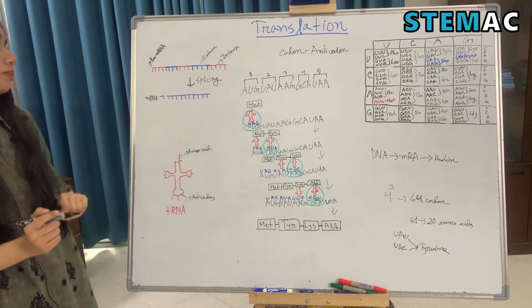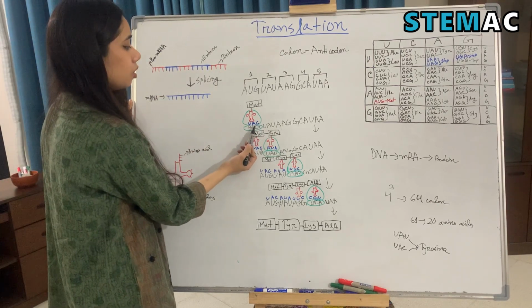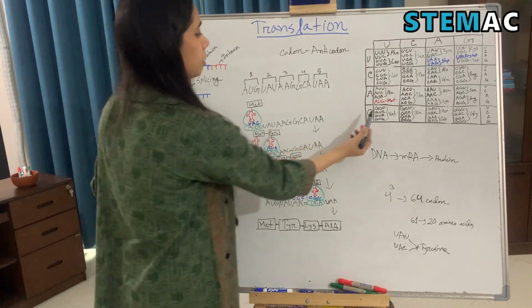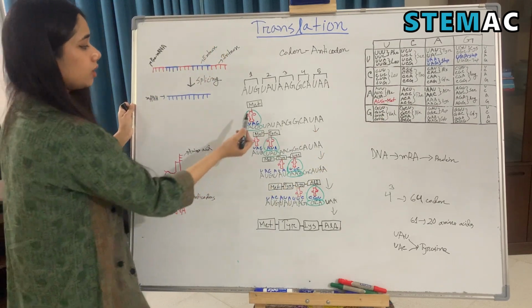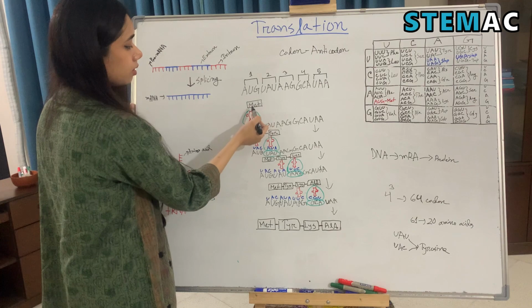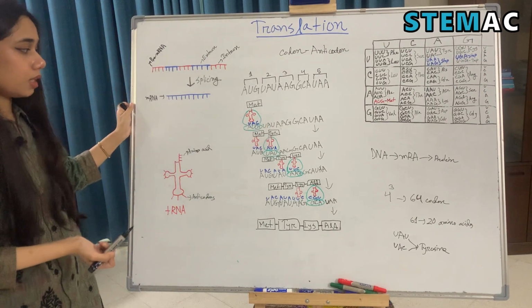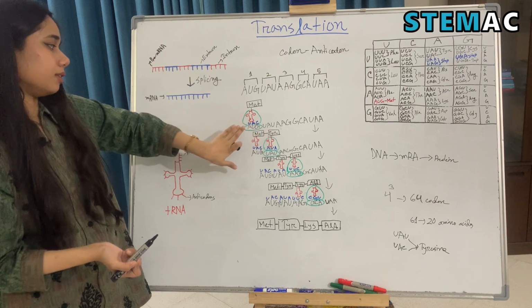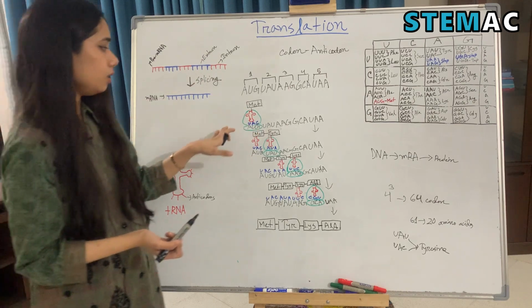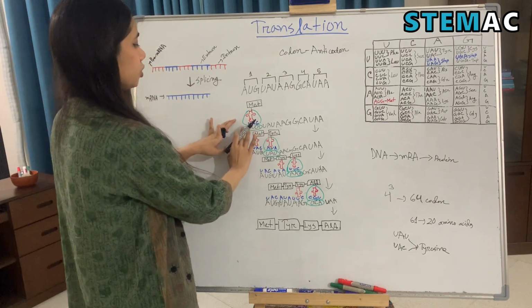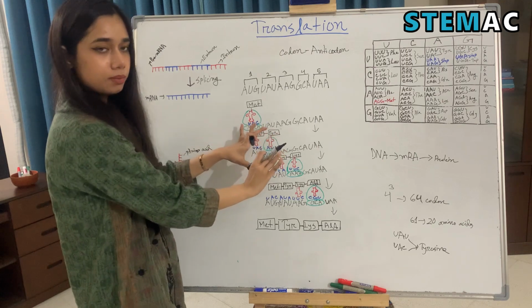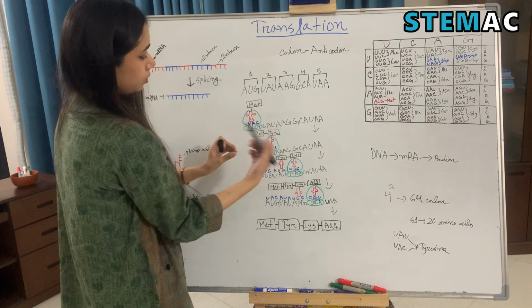This is our anticodon. And this codon codes for methionine, right? So the tRNA will bring the methionine along with it, and they will attach with the start codon.